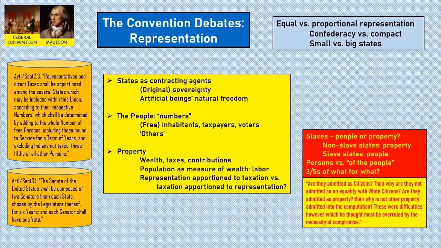The amalgamation of these three principles, as we've already noted, into the formula that we find in Article 1, Section 2, Clause 3, and Article 1, Section 3, Clause 1, that describe the election of members of the House of Representatives and the choosing of senators. The formula by which these three concepts get combined into these two bodies of one branch is the magic formula of the Madisonian term.